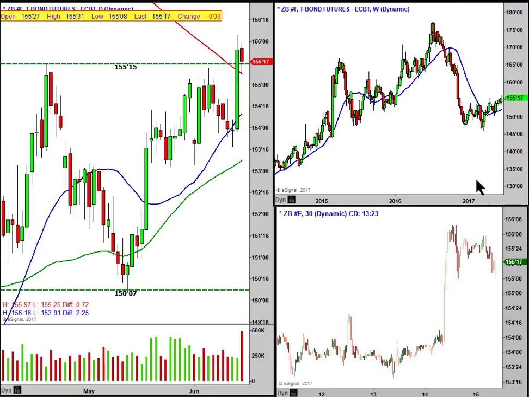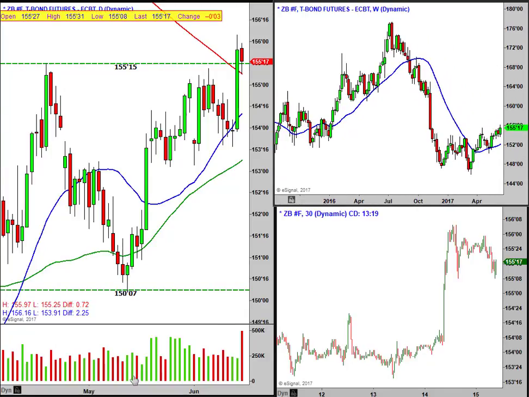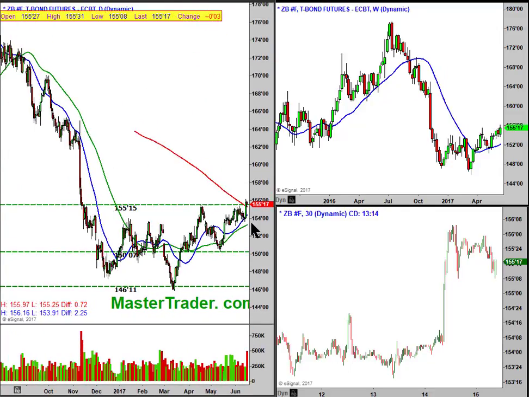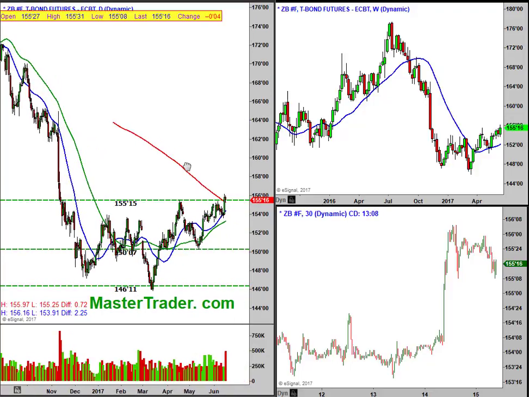Bonds pushed up above that resistance area yesterday, closed above it on the daily, got through the 200 MA, right? All good stuff if you want to be long bonds. And of course, that means interest rates are going lower.